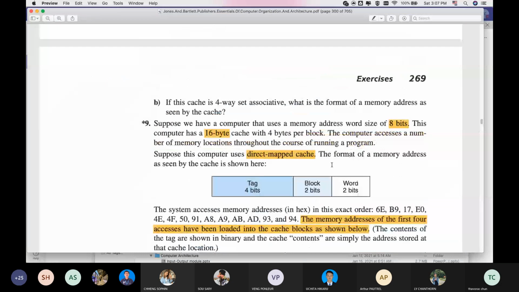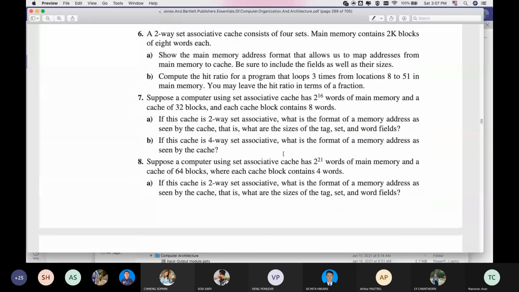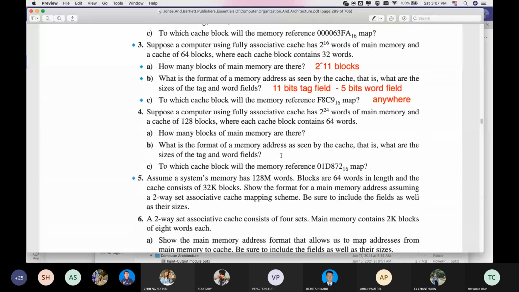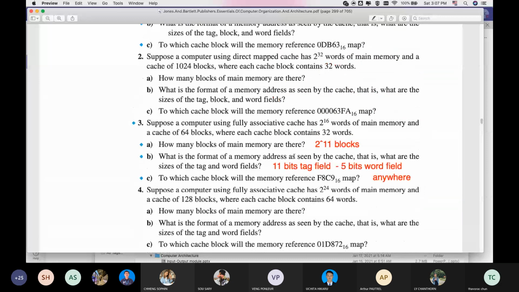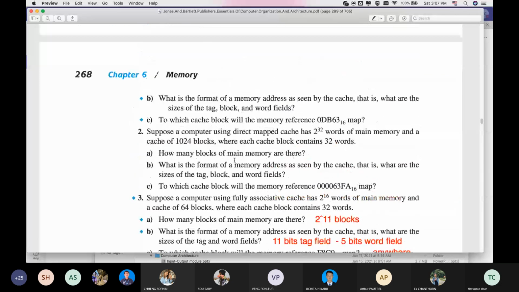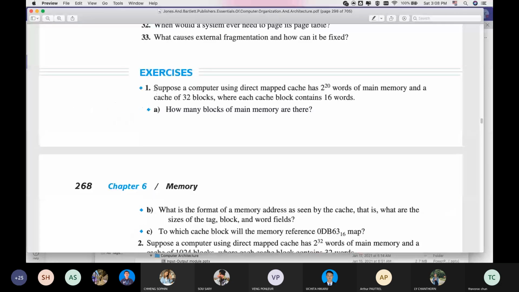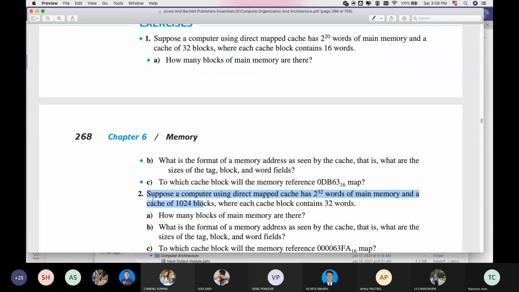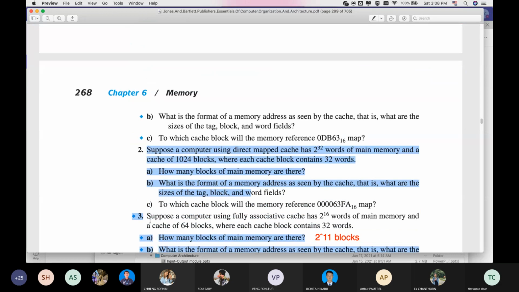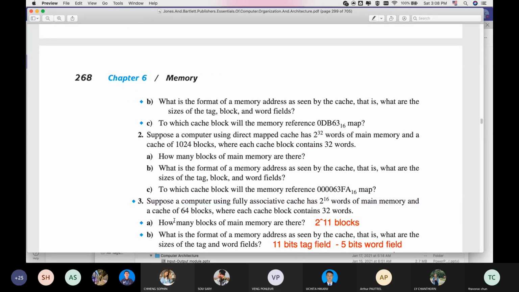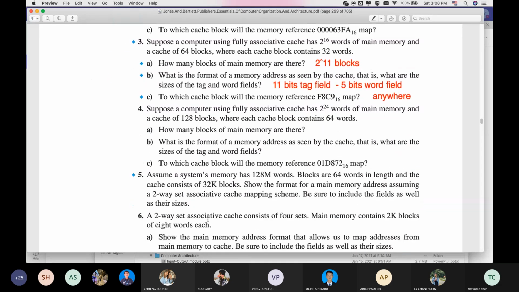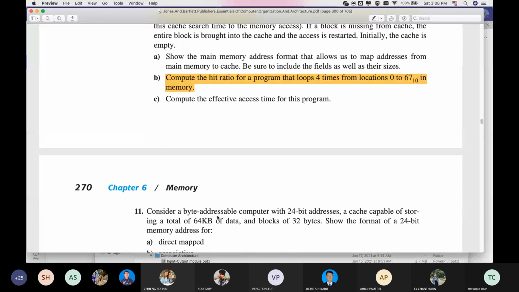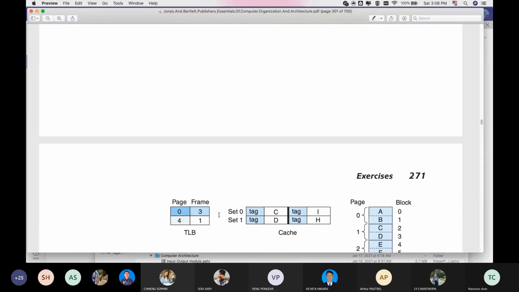Actually, the exercise you have just done is also taken from here. This is exercise number 1 that we have done. This is exercise number 2 that we have done. And we have exercise number 3, number 4, number 5, until number 16, I think.